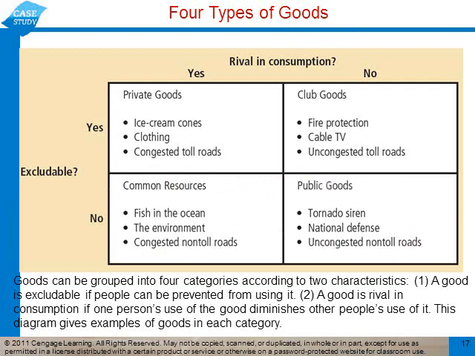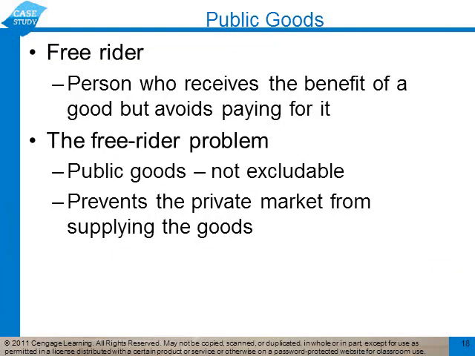What happens with public goods and common resources? Regarding public goods, the key issue is the concept of free rider. That is, someone is getting a benefit without paying for it. And there is no way you can prevent it, because everybody has access, let's say, to the national security.